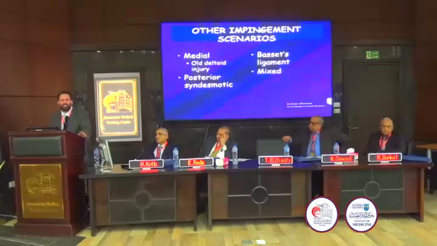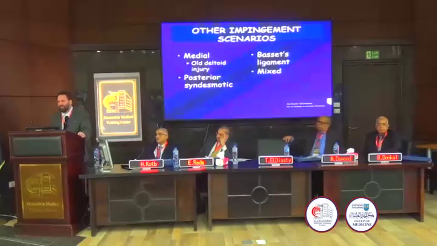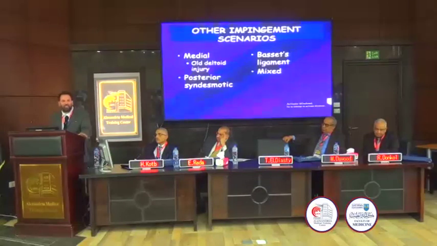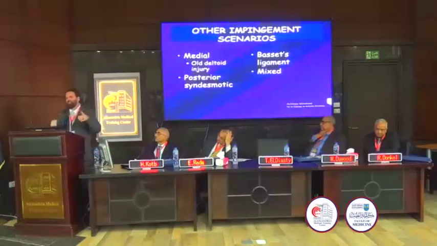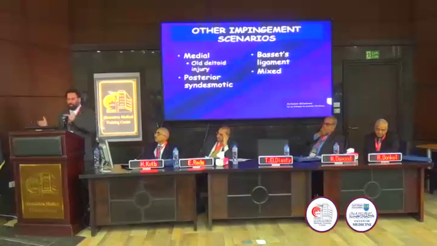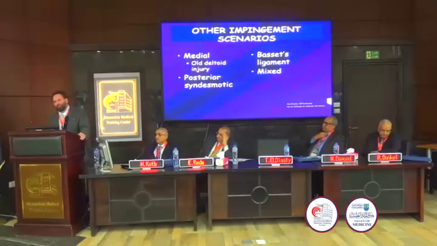There's posterior syndesmotic impingement, and just to make this even more confusing, the cause is an anterior syndesmotic injury. Again, the symptoms may not be where it began. So you have an anterior syndesmotic injury, and now my fibula subluxes posteriorly because my anterior ligament doesn't keep it in place, and I present with posterior symptoms.